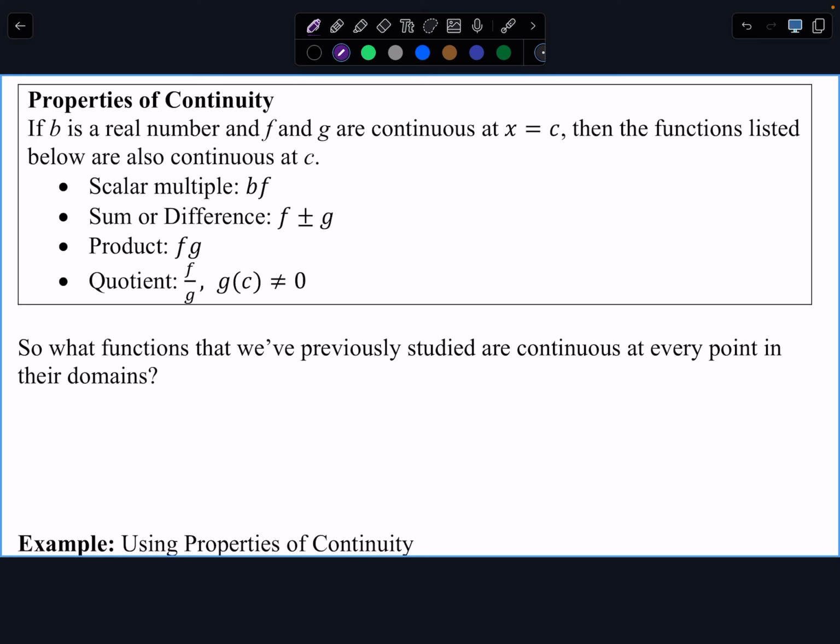And really, this question: what functions that we previously studied are continuous at every point in their domains? Not continuous everywhere necessarily, although we could then identify that subset.